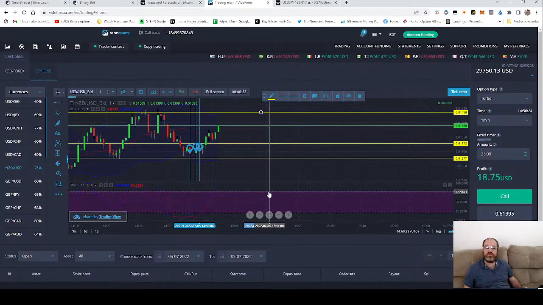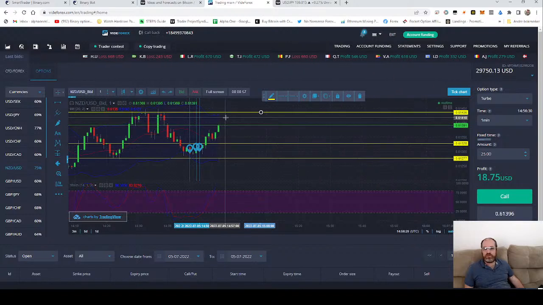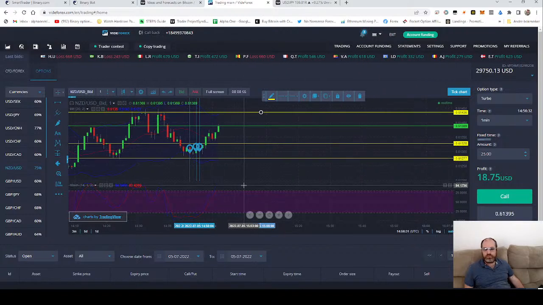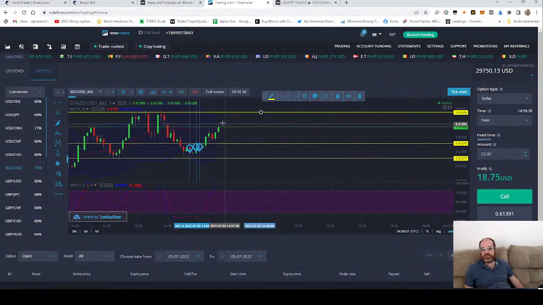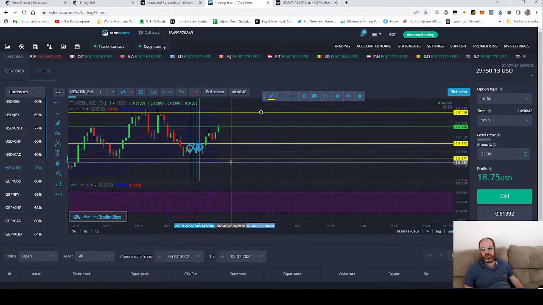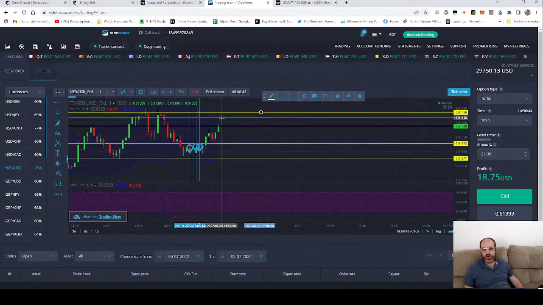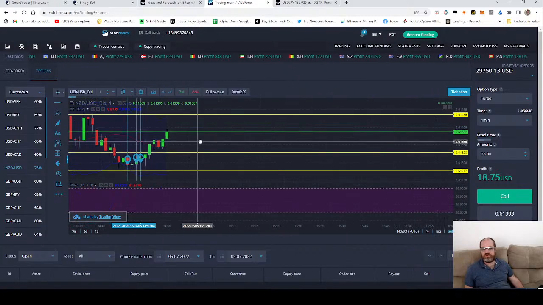For me to take a trade with binary option, I need to be out on the stochastic. That's right now a put trade, but for Bollinger Band, because I use Bollinger Band also, I need to be either below or above this blue line you see here. Maybe you don't see it so well because it's not so clear.